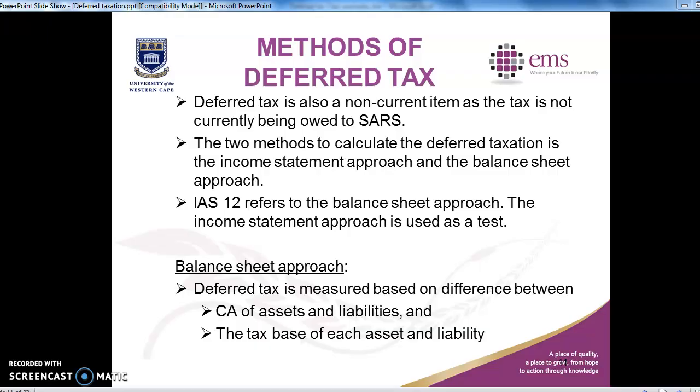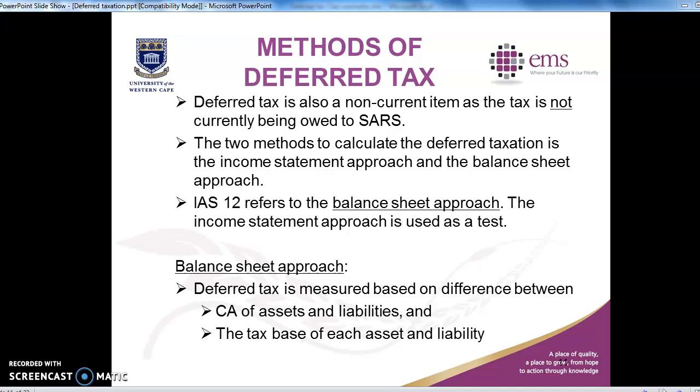So when you think of a non-current asset, let's think of plant. When we recognize plant on the financial statements, it is recognized at the carrying value, alright? What is the carrying value of an asset? What does it represent? It represents future economic benefit that we can extract, right? So it's future income that we expect to extract from our asset.